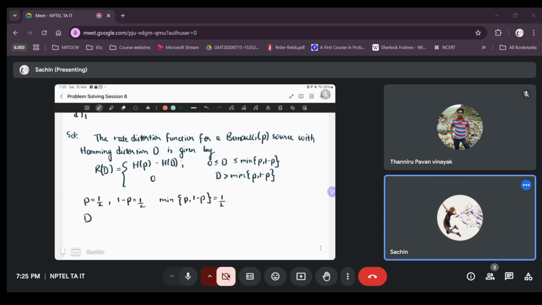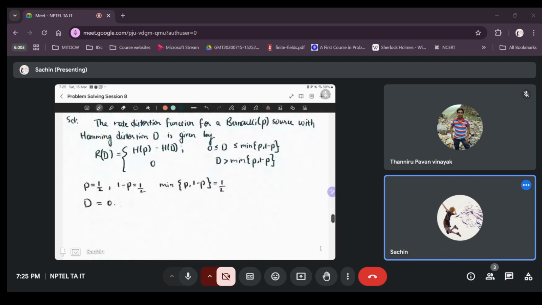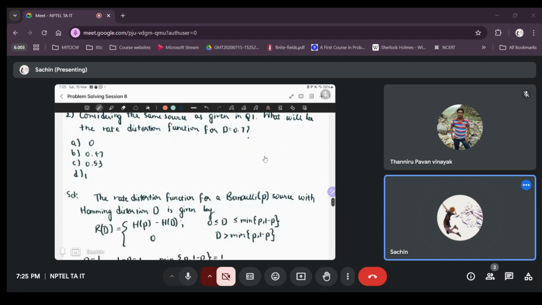The difference in this question is D is 0.7, which is greater than half. Since it's greater than half, R of D is 0, which is option E.